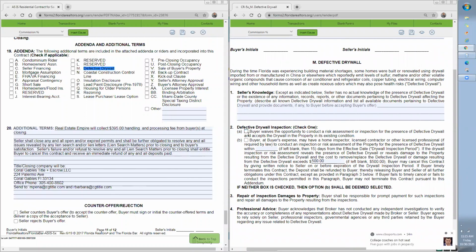If an inspection is done, okay, and the buyer cancels the contract, but there is still damage to the property because of the inspection, let's say there are 5 or 6 holes in the walls now, the buyer needs to pay for those repairs that they did on the walls during the inspection. Okay? And that's what the defective drywall addendum is. Any questions on that?